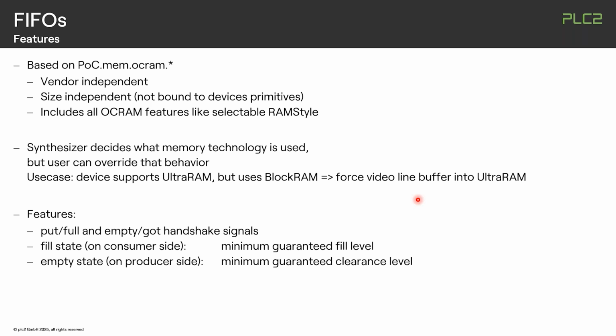So if the FIFO gives you an integer of 1, you have a quarter of clearance still left, which means you can write a quarter of the length of the FIFO into it without getting any full indication. So we always have these guaranteed fill or clearance levels with our FIFOs.